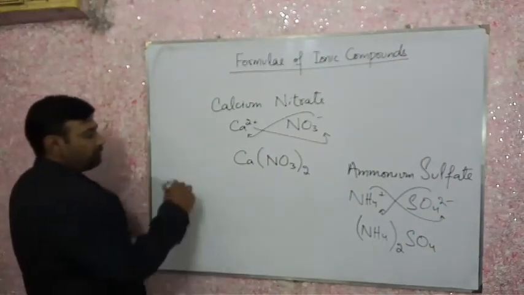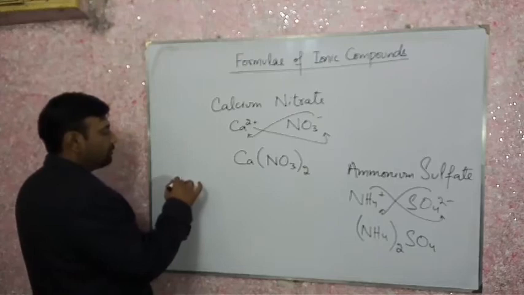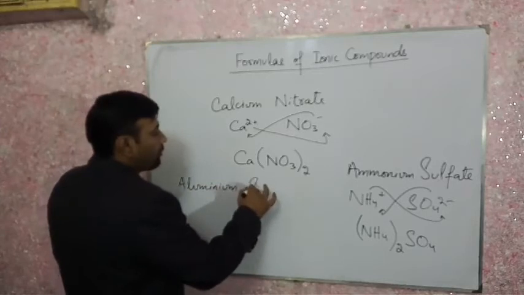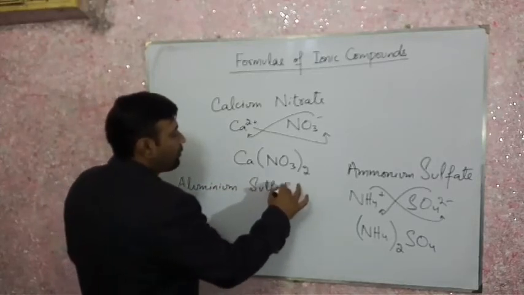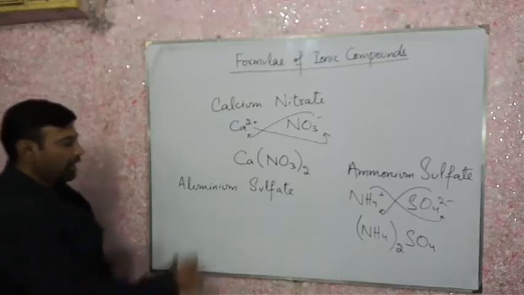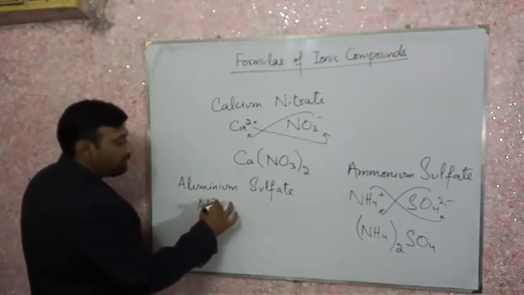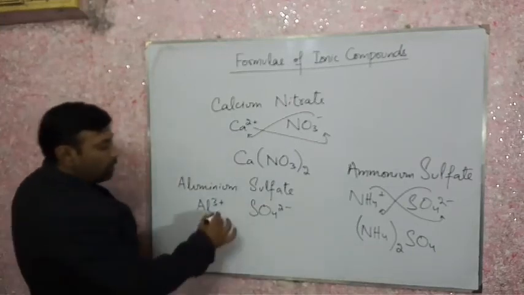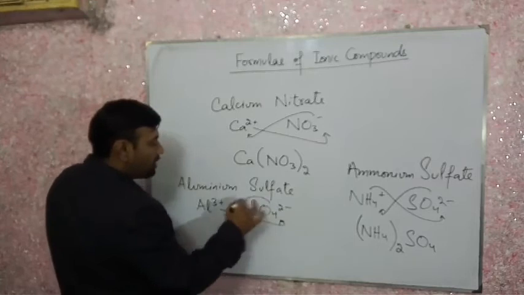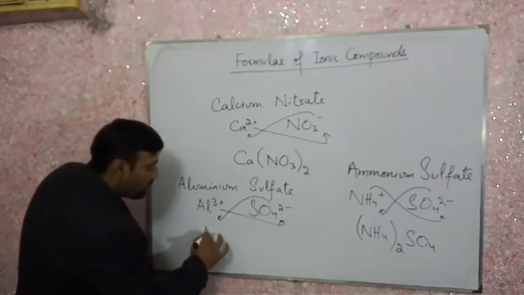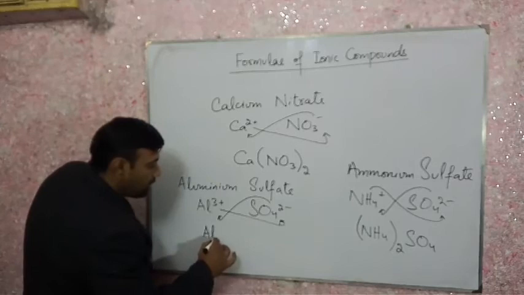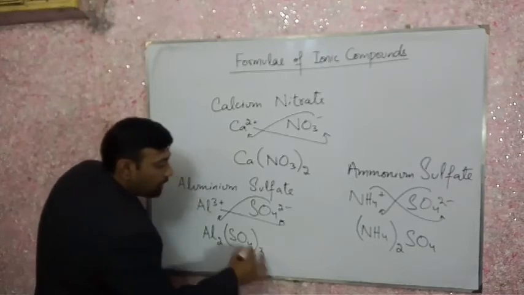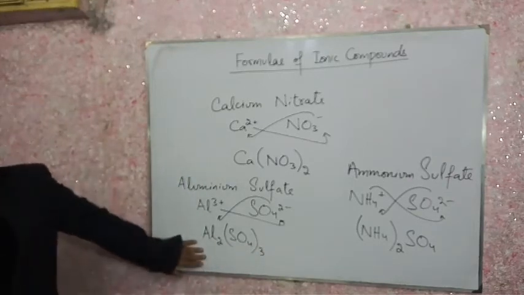Take another example. Aluminium sulfate. Now aluminium ion is Al3+ while sulfate ion is SO4 2−. Now crisscross the values of charges. We'll get Al2(SO4)3. Now look at this formula very carefully.